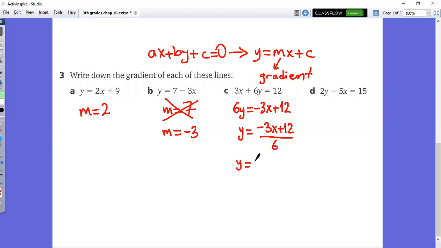And when we divide each by 6, minus 3 over 6x plus 12 over 6. Each is divided by 6. 3 and 6 can be simplified. We get minus 1/2 x plus 2. 12 over 6 is 2. So gradient, the number standing in front of x, is minus 1 over 2.